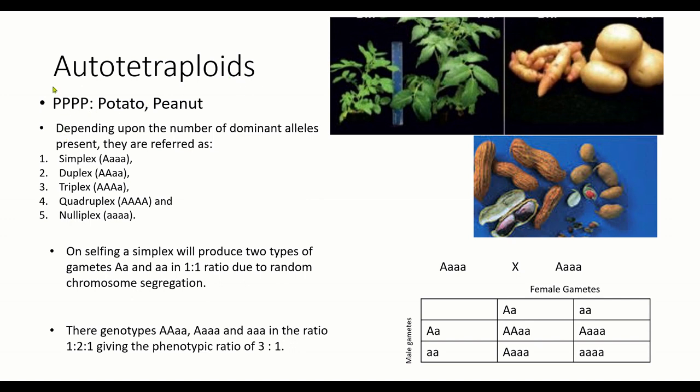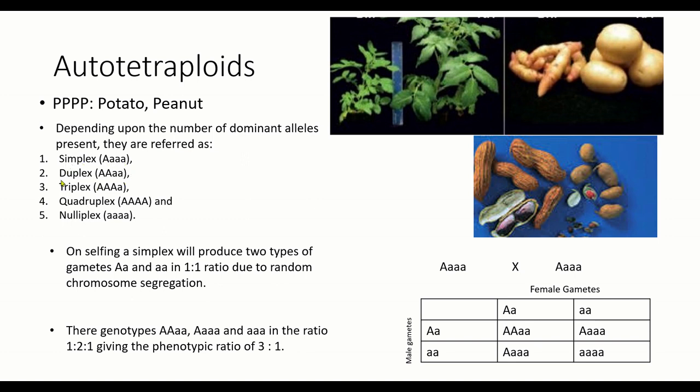Within these four repeated genomes, or chromosome sets, for the desired gene, if one of them is the dominant allele and the rest are recessive alleles, it will be called simplex.